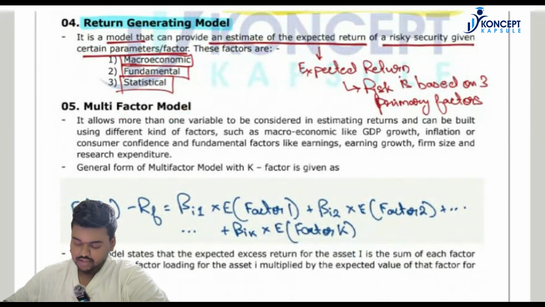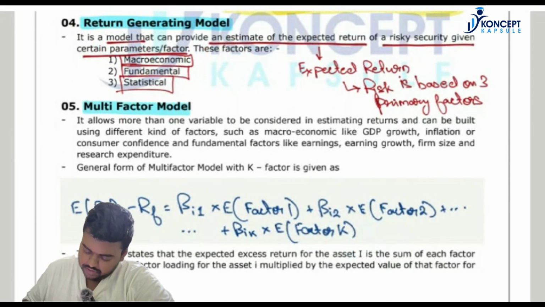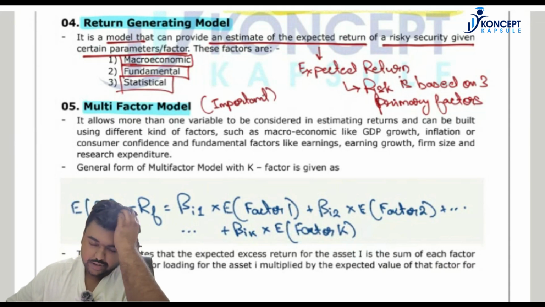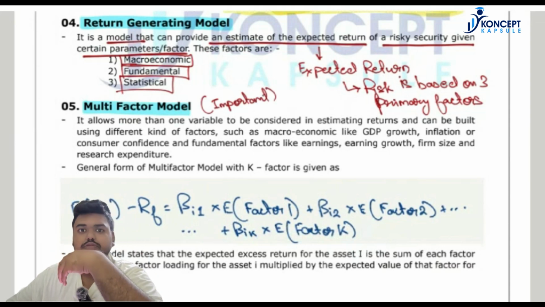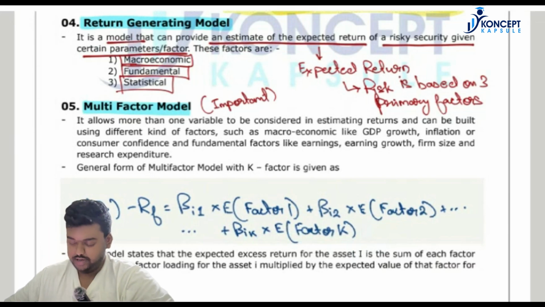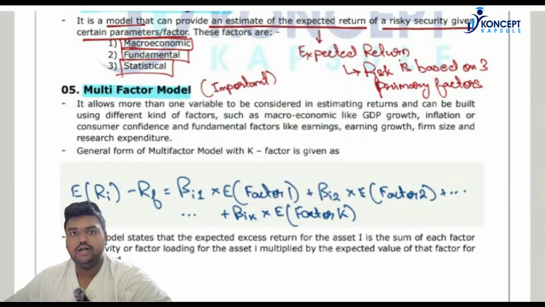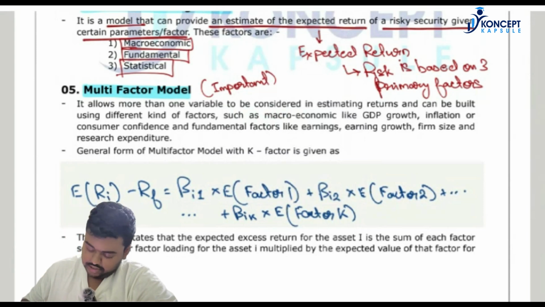Okay, then we come to the multi-factor model. This is an important topic, so you can expect a numerical on it as well, or you can expect theory on it as well. It can also help you build some base over your existing knowledge.